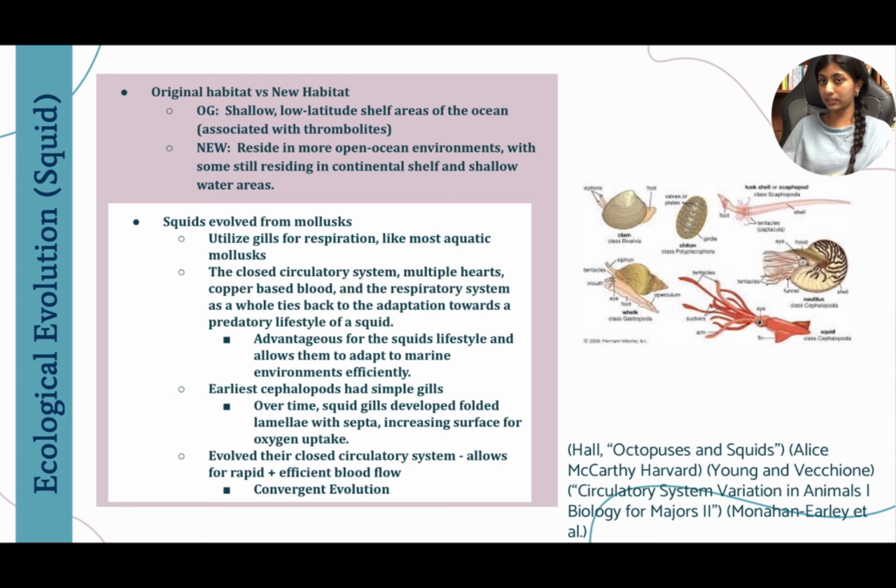The folds actually increase the surface area to volume ratio of the gills and help oxygen diffuse within the squid a lot easier. So they also evolved their closed circulatory systems, which allows for a more rapid and efficient blood flow within the squid itself.